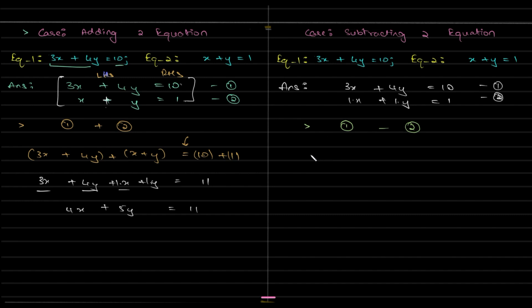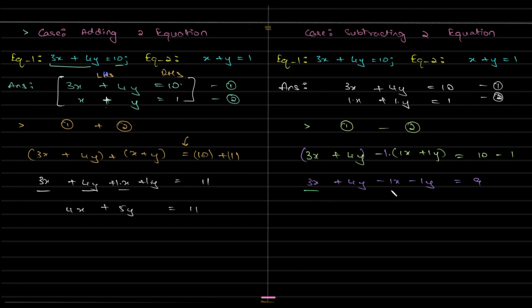So we have the LHS of equation 1 minus the LHS of equation 2 is equal to the RHS of equation 1 minus the RHS of equation 2. Always use brackets. Okay. So opening the brackets, you will get 3x plus 4y. Here it is minus 1 into all of this, so minus 1x minus 1y is equal to 9.